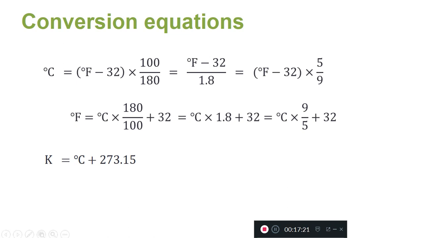If I said convert 68.5 degrees Celsius to Kelvin, that has 1 decimal place, so I would use 273.2, what this number would be rounded to the first decimal place. If I say convert 68.39 degrees Celsius to Kelvin, then I'm going to use 273.15. So round this off to match the same number as this, and you'll work out pretty effectively.